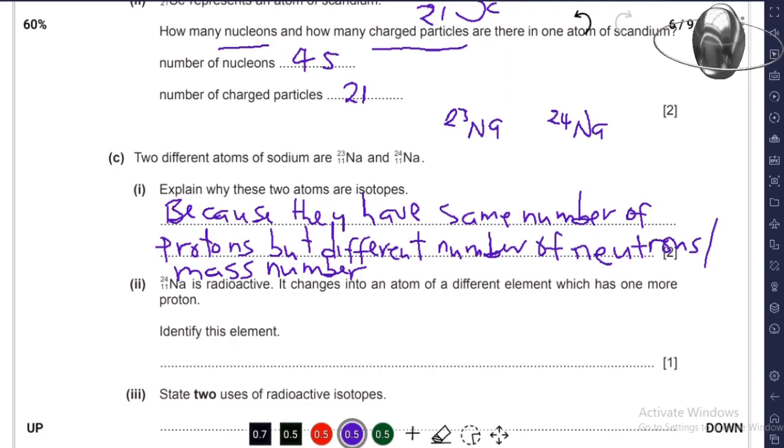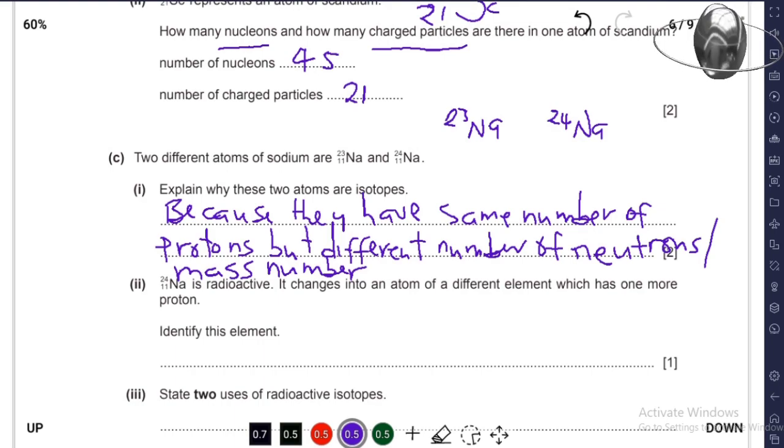We go to C2. Sodium 24 is radioactive. It changes into an atom of a different element which has one more proton. Identify this element.